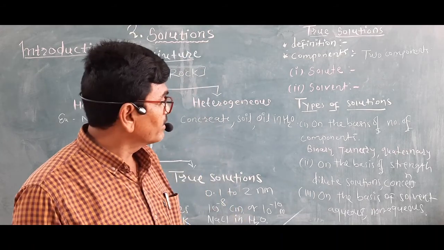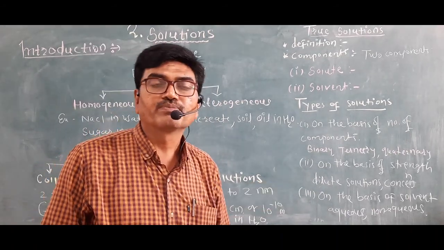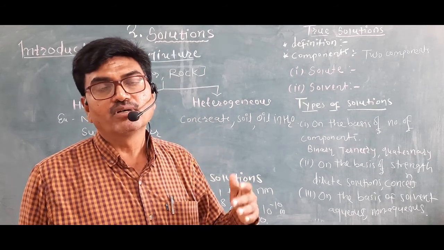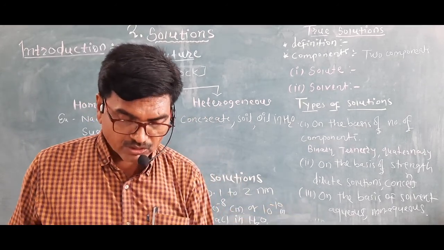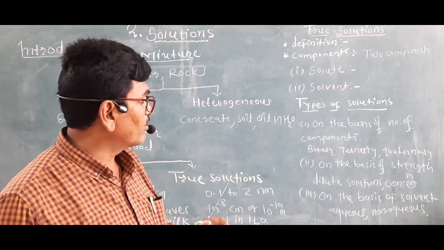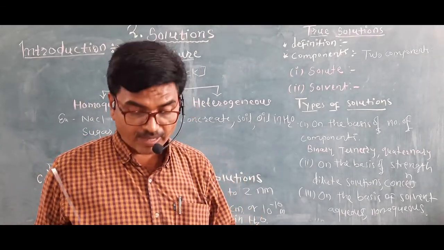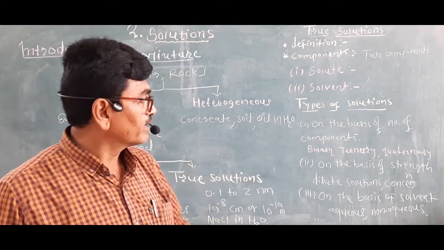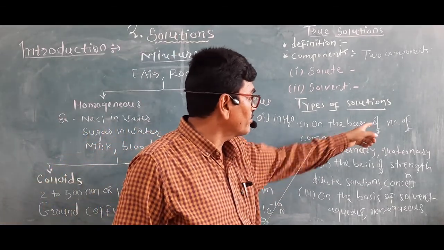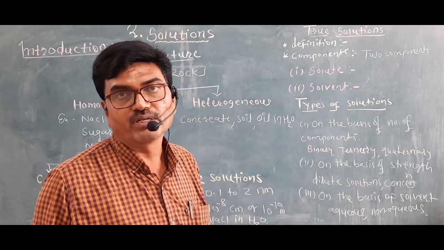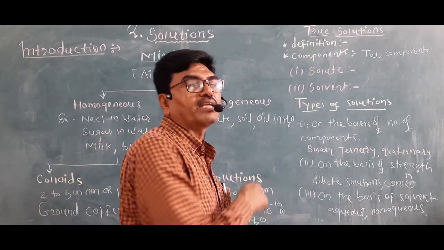We are very familiar with the binary solution. When only two components are there, generally one solute and another solvent, like a solution of NaCl or sugar, it is a very common type of solution. That is the binary solution.